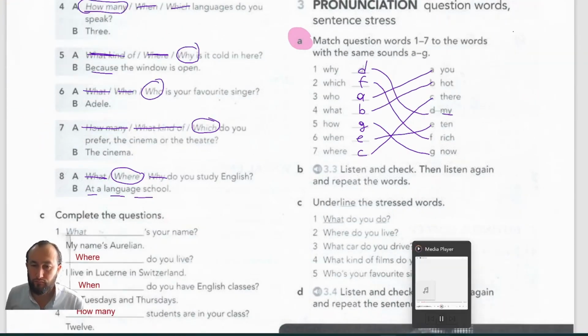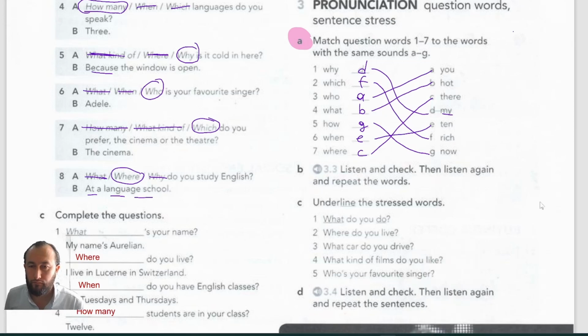3C. Pronunciation. B. 1. Why. My. 2. Which. Rich. 3. Who. You. 4.